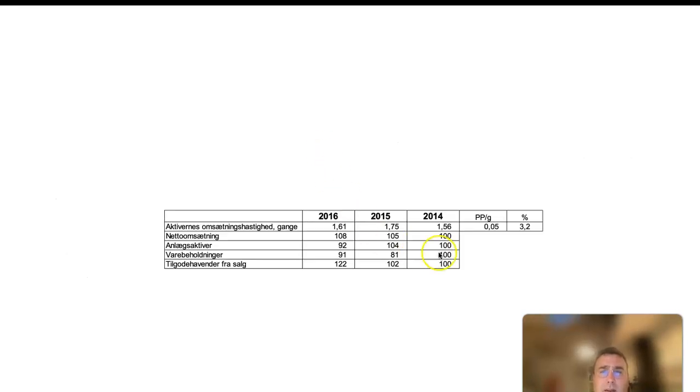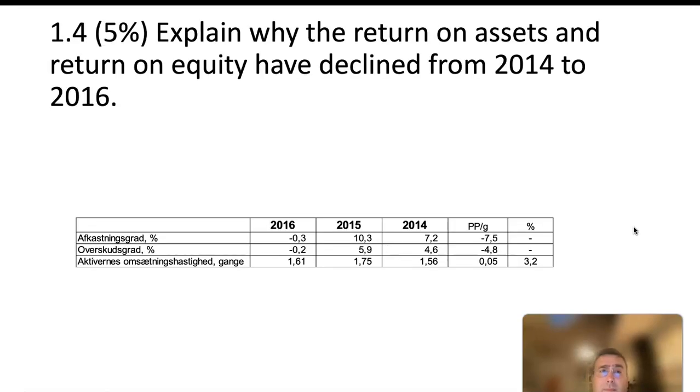So if you see here how the asset turnover has developed, from here to here to here, a slight increase, calculated at 3%. Revenue increased, assets fell, the current assets also fell, and that has definitely influenced it.